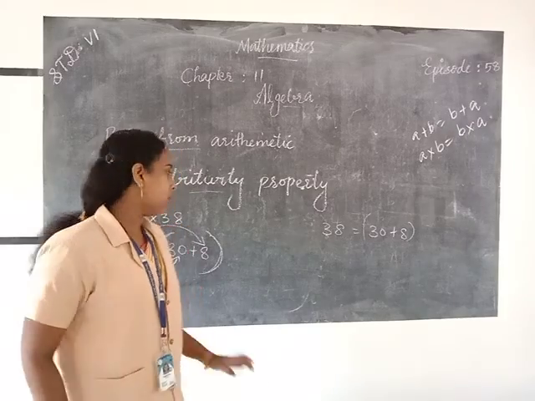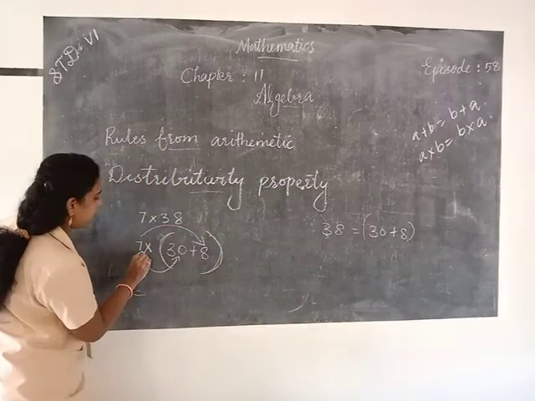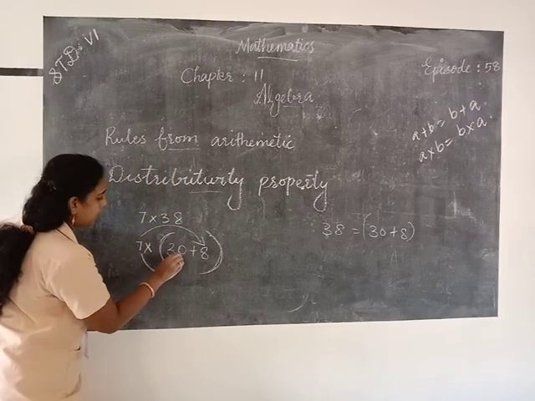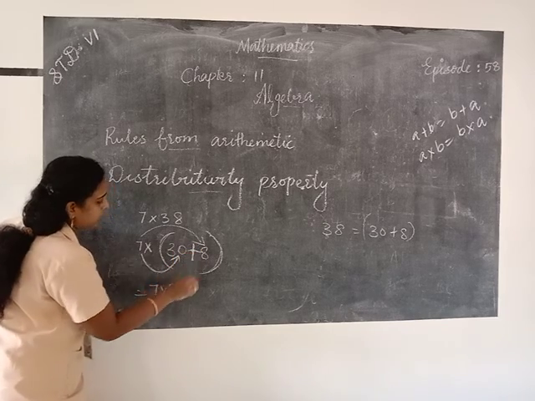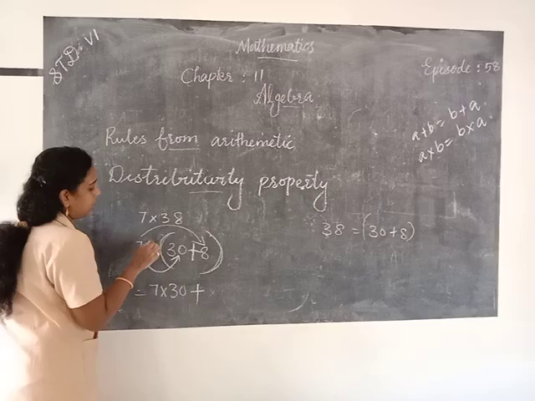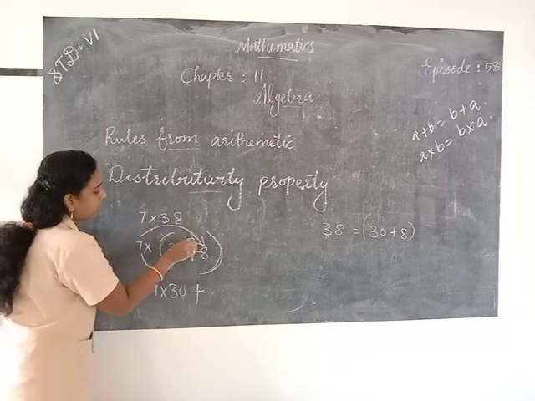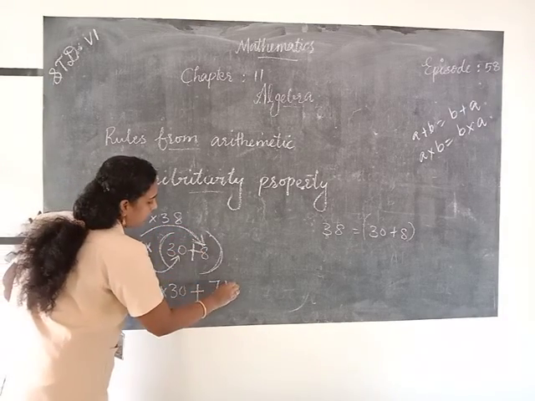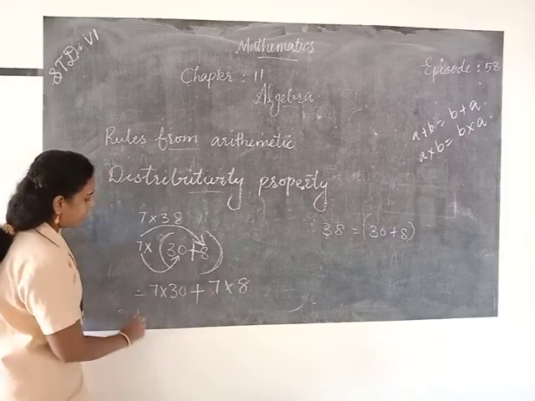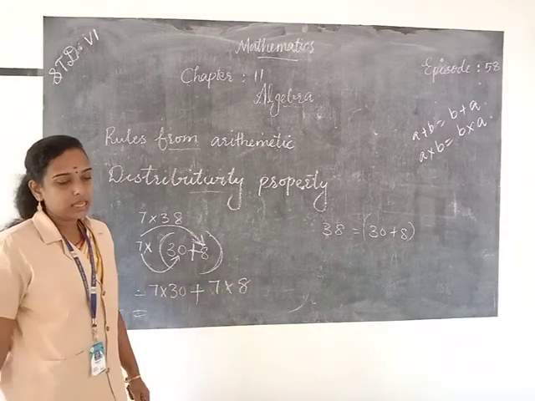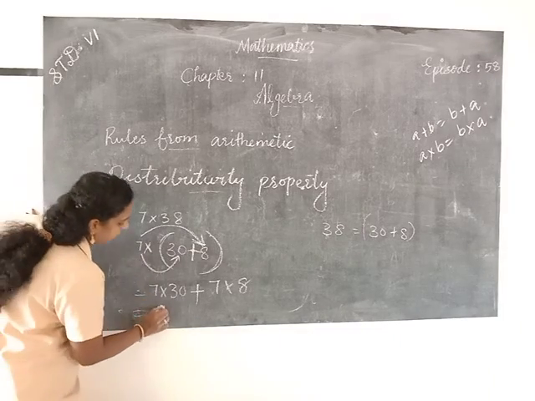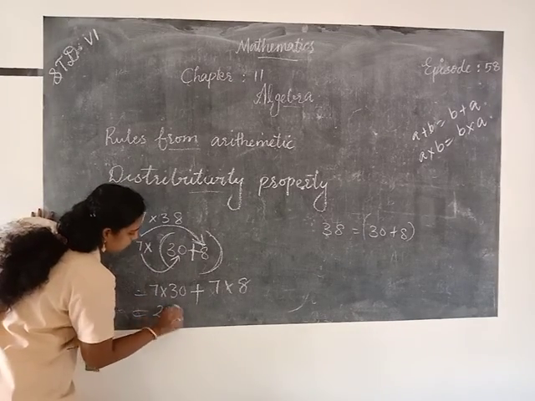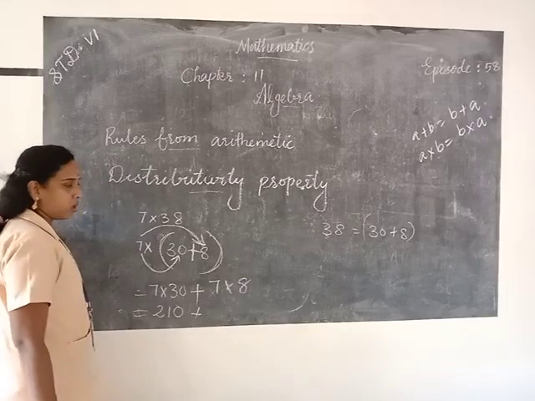First we multiply 7 by 30, and then we add the product of 7 into the next number, that is 8. Then 7 into 30: 7 3s are 21, and here is 1 zero, so put the 0, and we get 210.